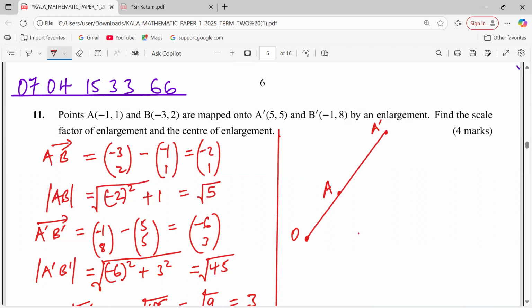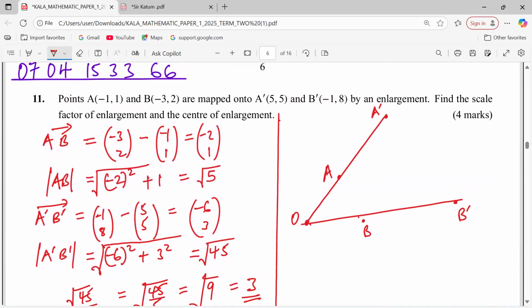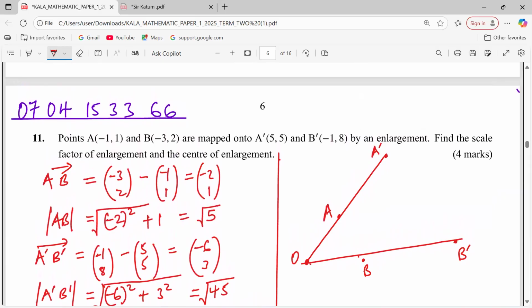Then from B to B prime, there is also another straight line, linking us to the center of the enlargement. That means we can first of all find the equation AA prime and also the equation BB prime.